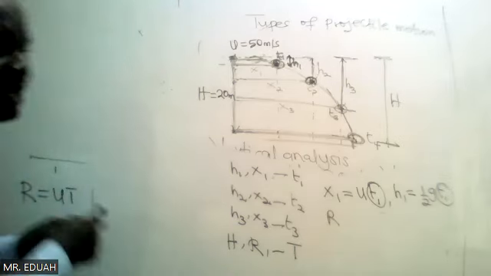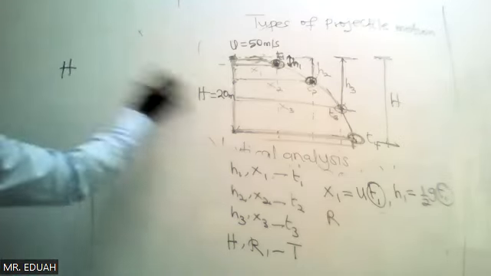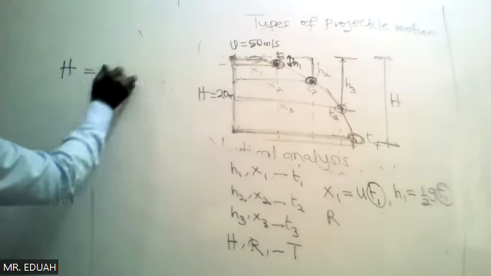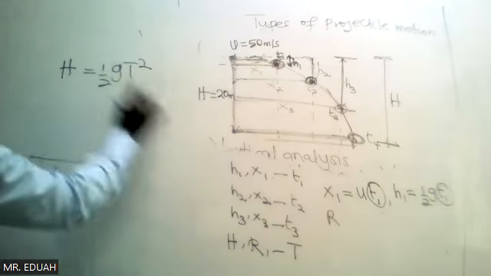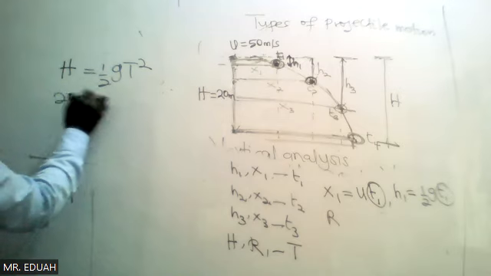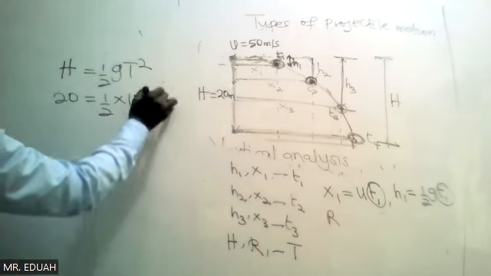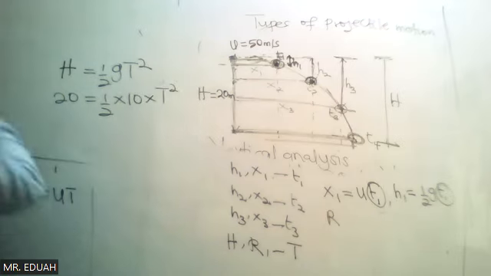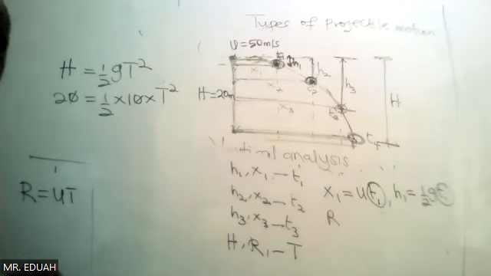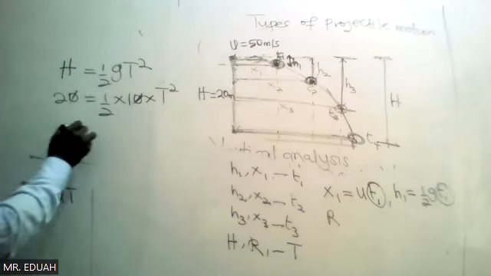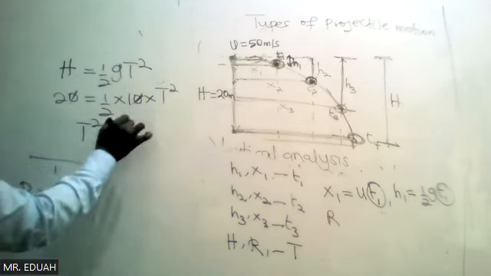So we know H is equal to half JT squared. H is 20, half times 10 times T squared. So this and this cancel out. We have T squared is equal to 4.